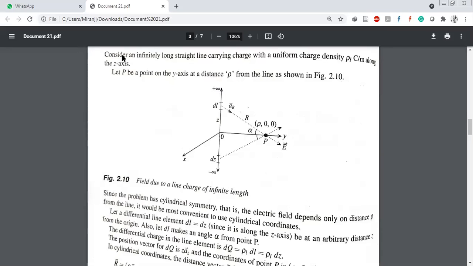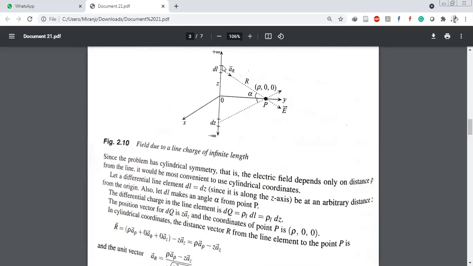See here, since the problem has cylindrical symmetry, the electric field depends only on the distance rho from that line.